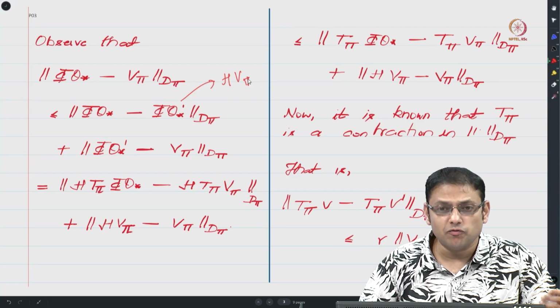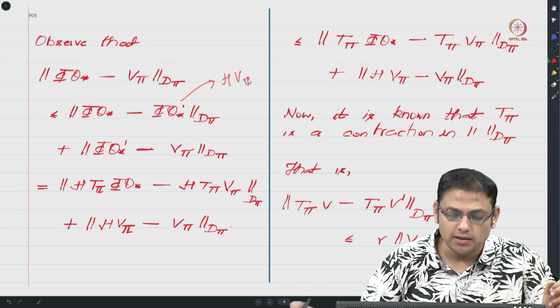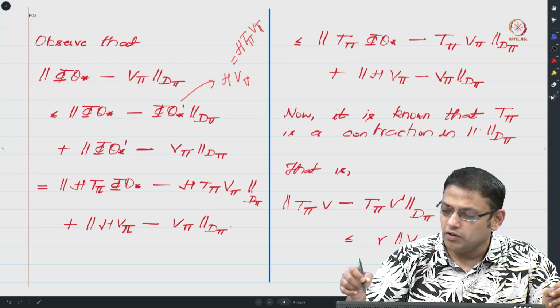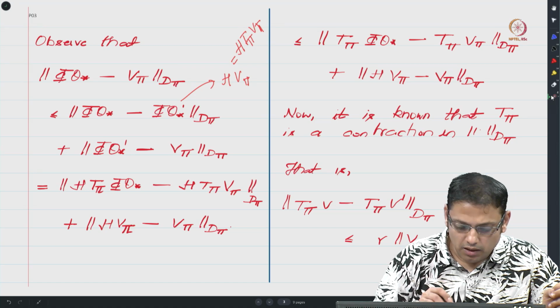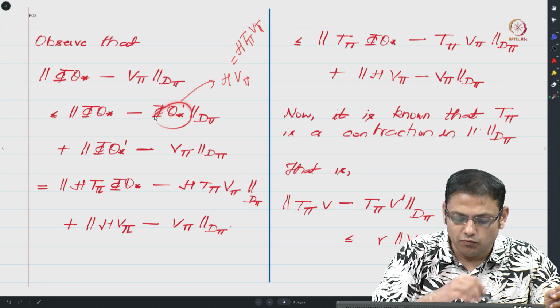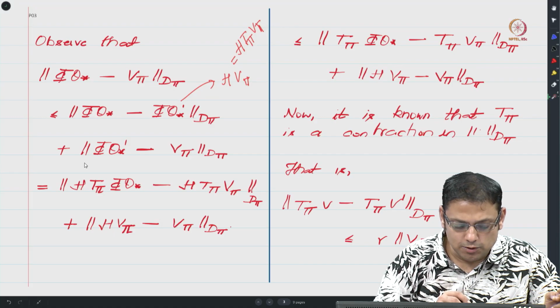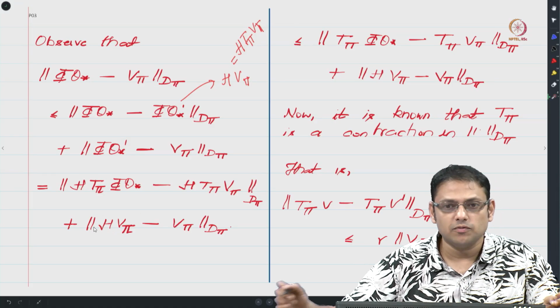In other words, v pi is the fixed point of your Bellman operator t pi, hence this quantity equals h t pi v pi. So this is exactly what we have written over here, h t pi v pi in place of phi theta star prime, and wherever you have phi theta star prime in the next expression we will replace it with h v pi.